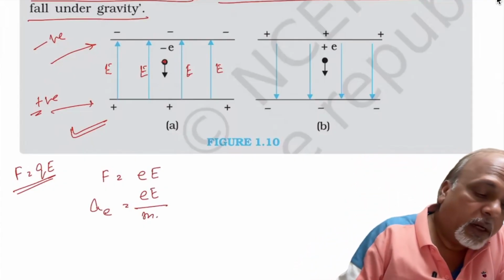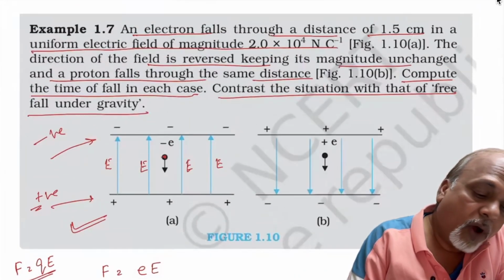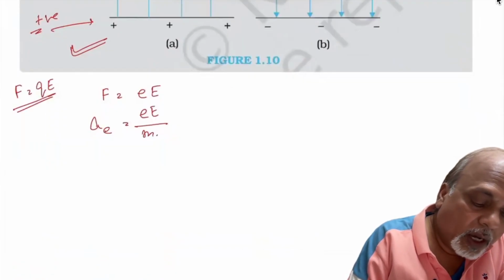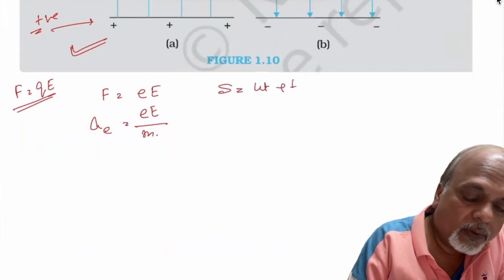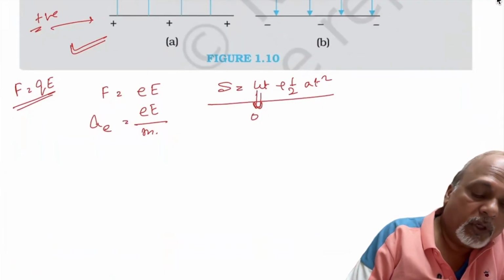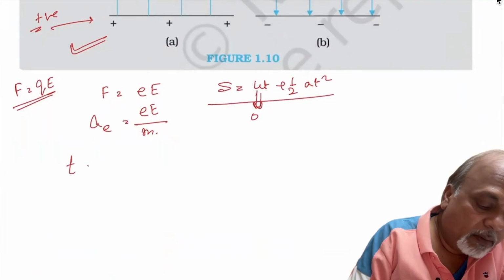So it says falls through a distance of 1.5 centimeters. So we have S is equal to ut plus half at square. Here, since it is falling, the initial velocity will be zero. So what is basically the time? Time is nothing but the square root of 2s upon a.